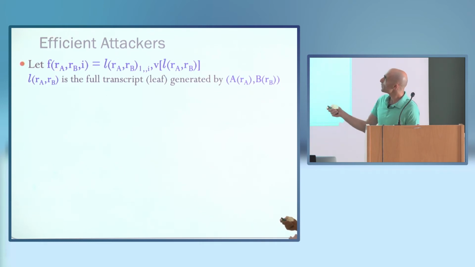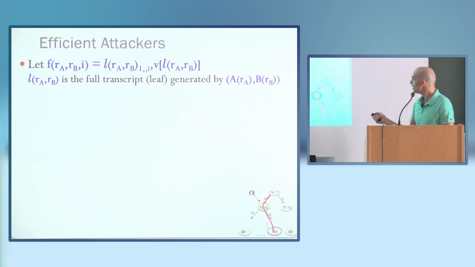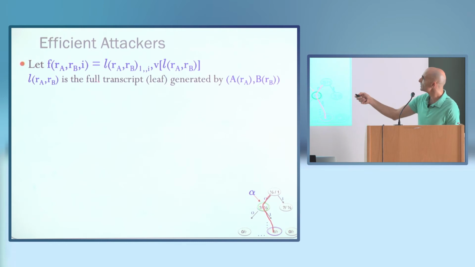The function is a function that takes randomness for A, randomness for B, and a round number. This round number is only a technicality. And it gives out, what does it give? This randomness gives you a full transcript, a full path in the tree.